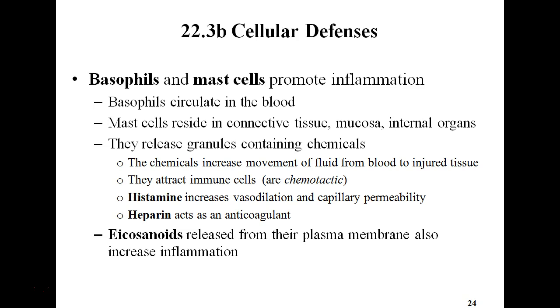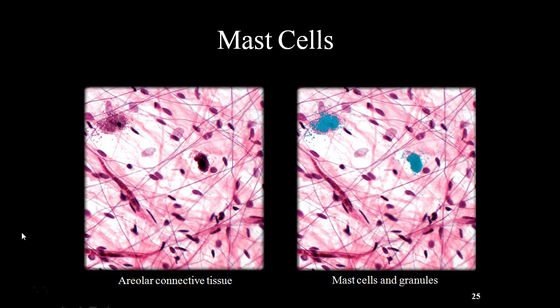Heparin is going to be an anticoagulant, and then, let me pronounce this right, eicosanoids are going to be released from the plasma membrane to increase the process of inflammation. And again, we talk about inflammation towards the end of today's topic. Inflammation is an important part of the innate defense mechanism.